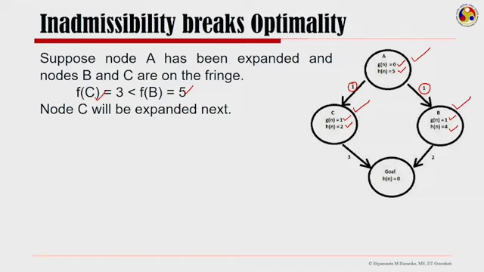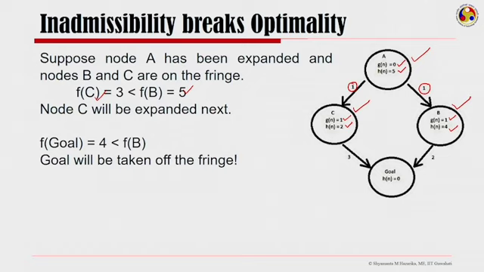So we expand node C. When node C is expanded, I will arrive at goal G, and this goal will be taken off the fringe because now I see that I have arrived at the goal. The total cost of the goal in this case is the total cost of coming by this path, which is 3 plus 1, 4.